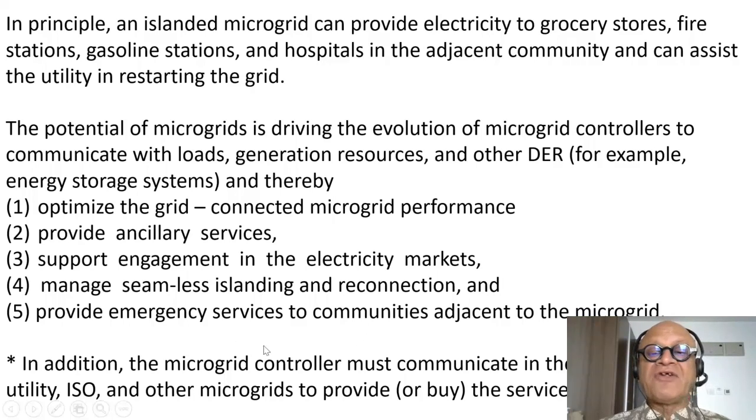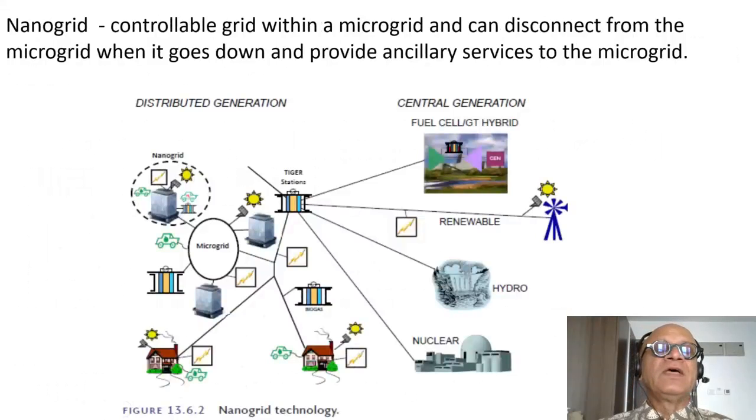For example, when Hurricane Sandy hit and 90 homes went ablaze in a corner of New Jersey, a microgrid in the nearby neighborhood could have assisted in many ancillary services and operations, rescue operations, disaster management, running fire stations, hospitals, and so on. In addition, the microgrid controller must communicate in the future with the utility, independent system operator, and other microgrids to provide or buy the services outlined here.